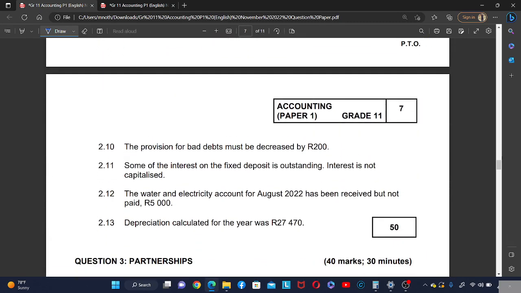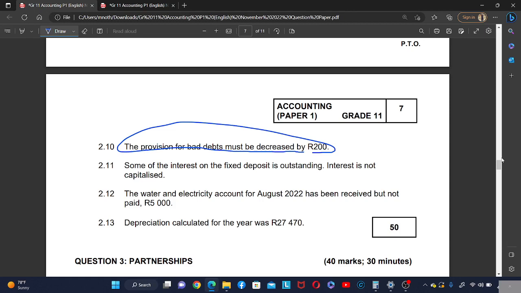And then they said 2.10, the provision for bad debt must be decreased by 200. For the case of the provision, just that here they did not give us a percentage. But for the provision, what you should know is this.